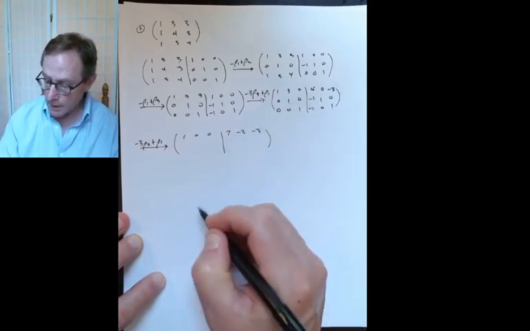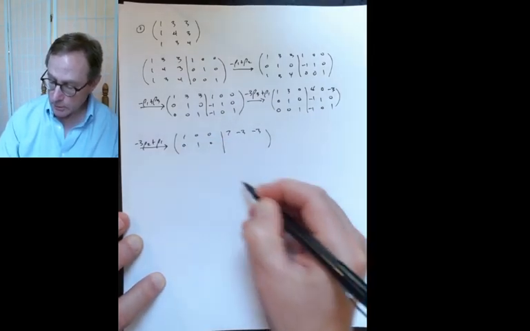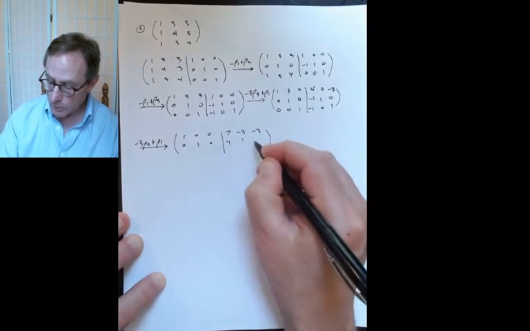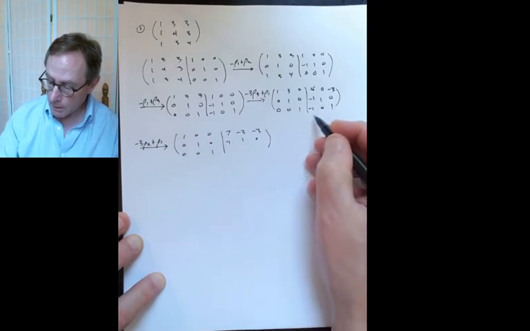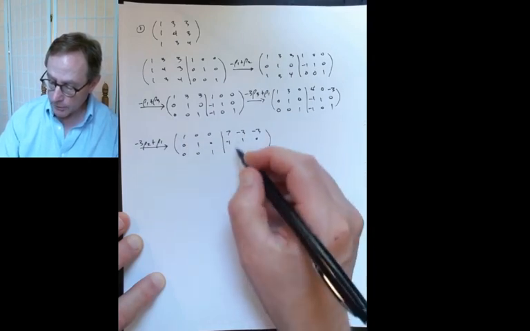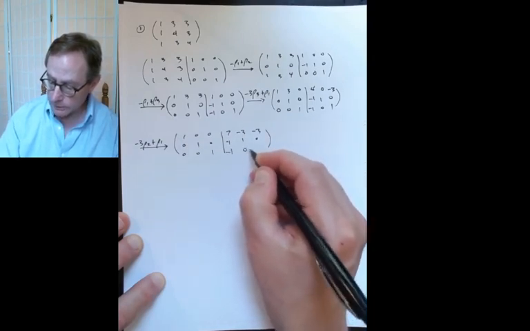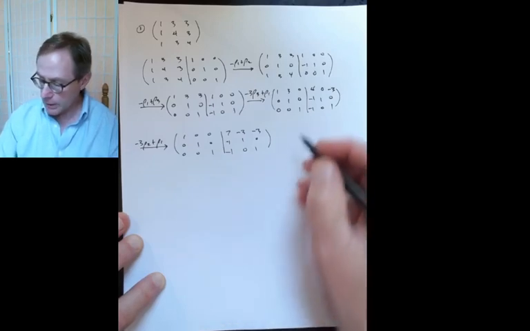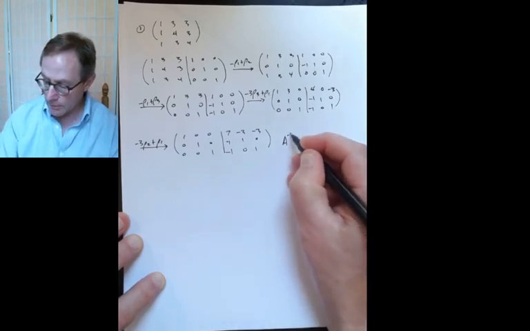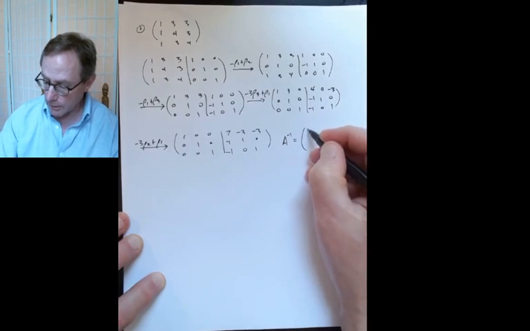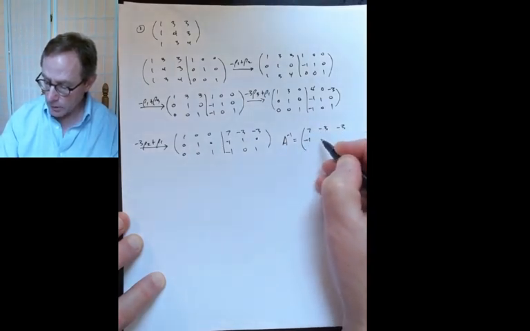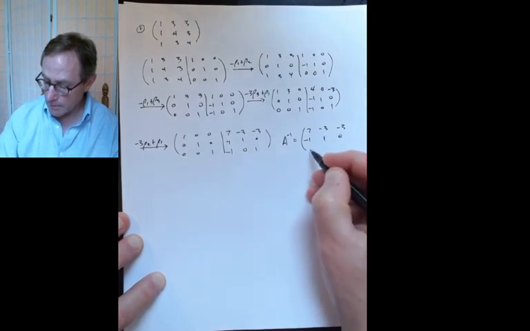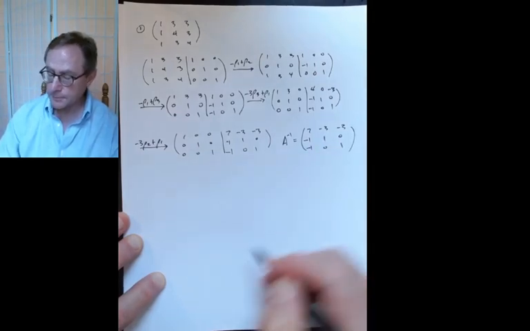Then 0, 1, 0, minus 1, 1, 0, and then finally 0, 0, 1, minus 1, 0, 1. And so the answer is that A inverse is what's over here: 7, minus 3, minus 3, minus 1, 1, 0, minus 1, 0, 1.